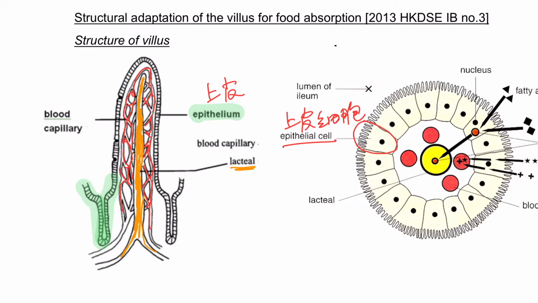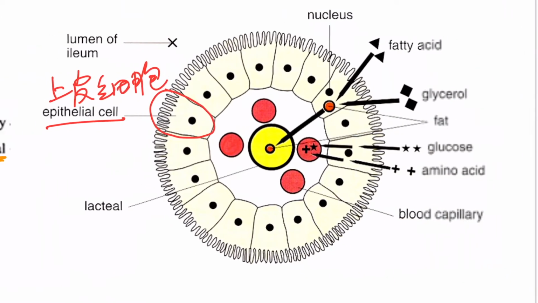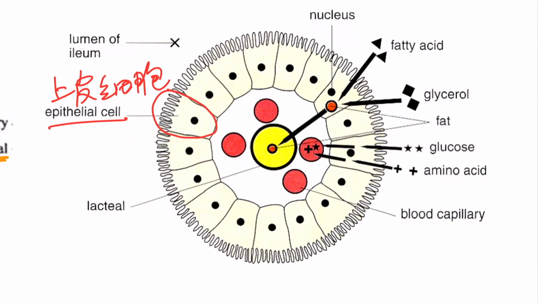Now, if we cut the villus like this and look from above, this is what you can see. On the outermost layer is the epithelial cell, making up the epithelium, which is only one cell thick and shortens the diffusion distance for absorption of food.